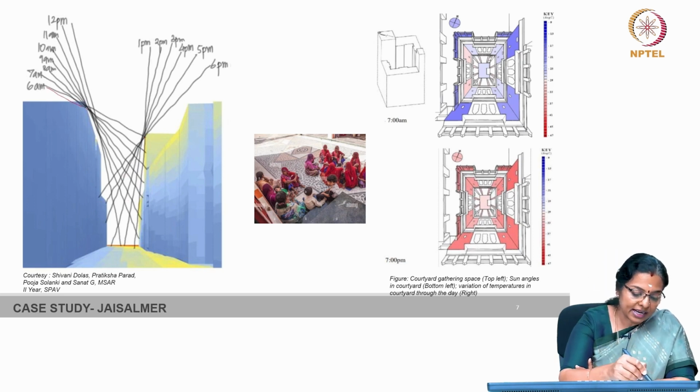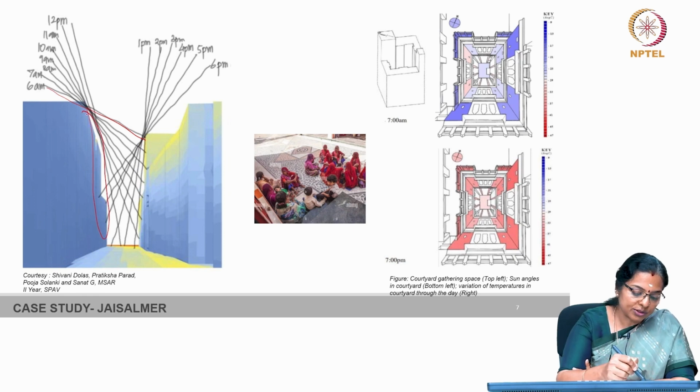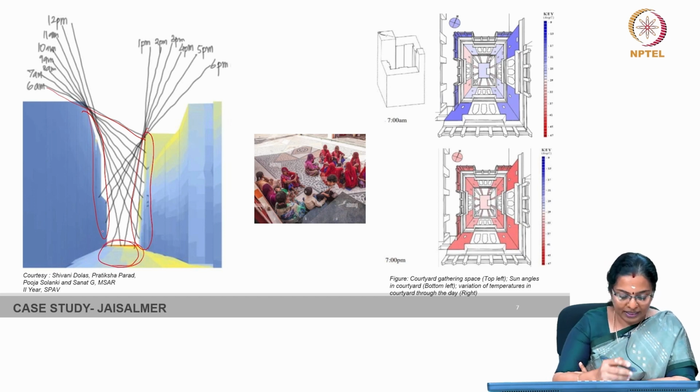At 6 a.m. you can see that this entire wall remains shaded. From 6 to 12 almost this entire wall remains shaded, while in the evenings this entire wall remains shaded, and almost through the day the streets remain shaded.